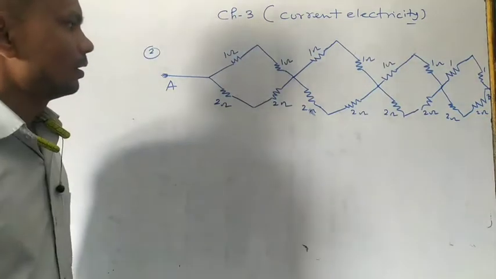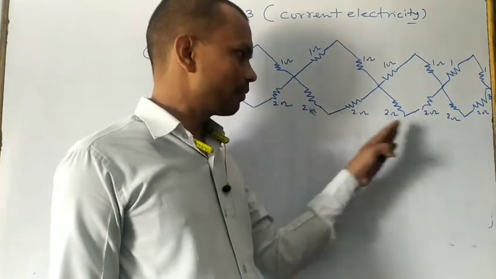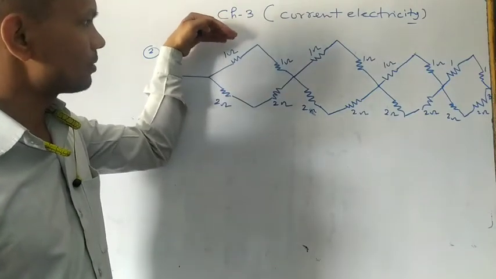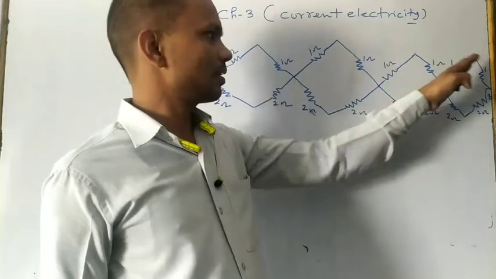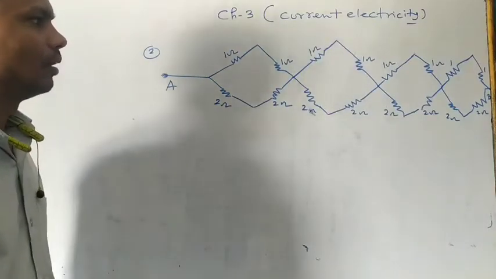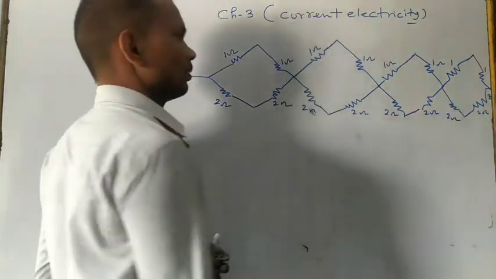This is given. In the downside, how many resistances are there? They are equal, 2 ohm each. But in the above, how many resistances are there? Each of 1 ohm. Now we want to find the equivalent resistance of this network.